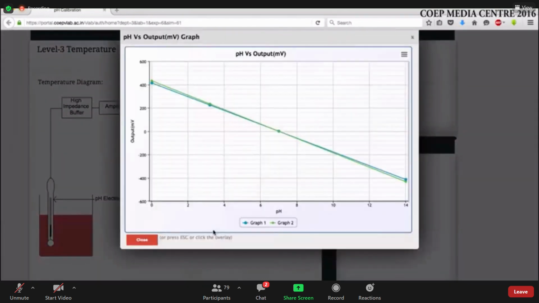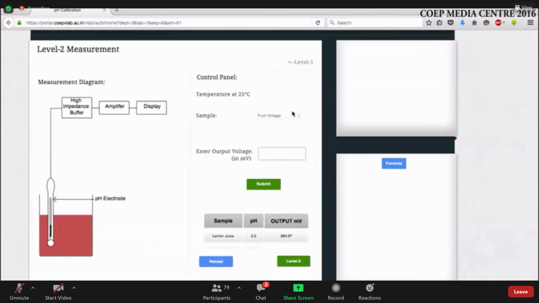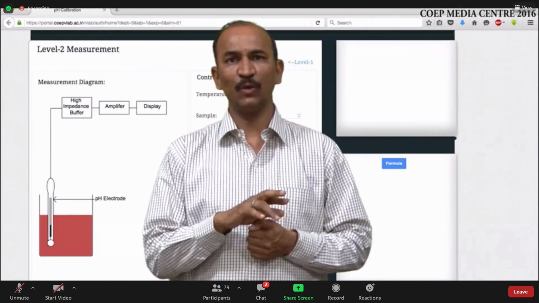You can plot a graph which clearly indicates how the relation between temperature and pH is achieved. You can close this, and then you can go back and perform the experiment for some other liquid also, or other sample also.